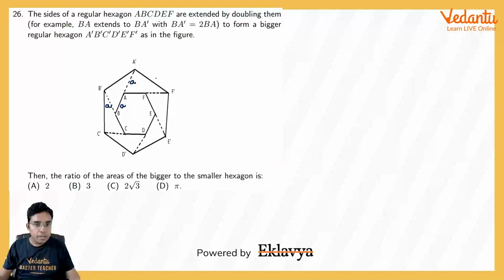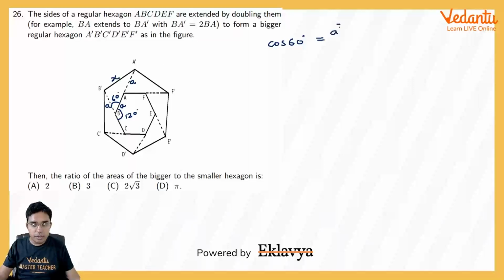Okay. Now please see. In a regular hexagon, this angle is 120 degrees. So this angle will be 60 degrees. So using the cosine rule, it is very easy to find what will be my A dash, B dash. Let me call this X here.